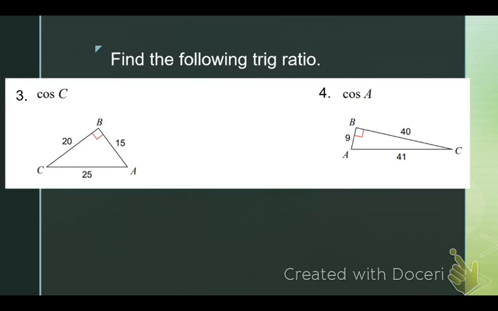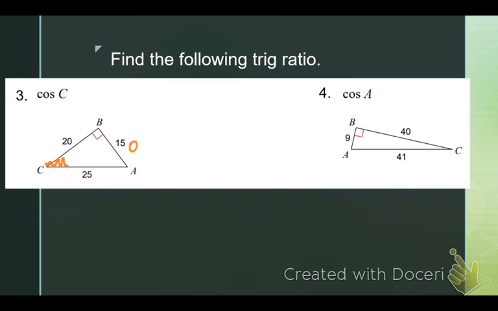All right, let's look at letter C. Go ahead and start labeling your sides: opposite, adjacent, hypotenuse. What is opposite of angle C? 15.